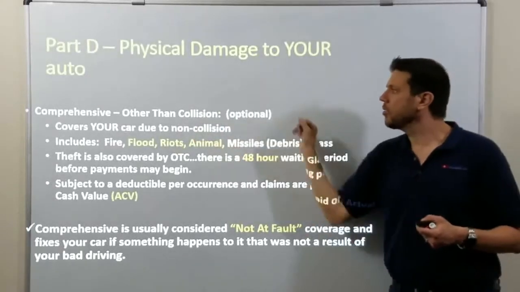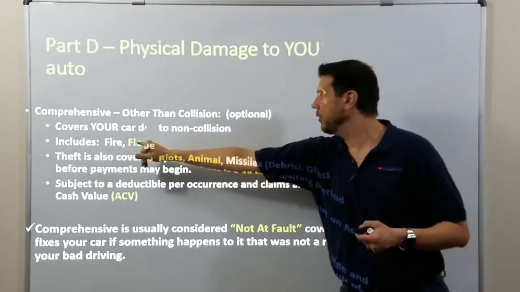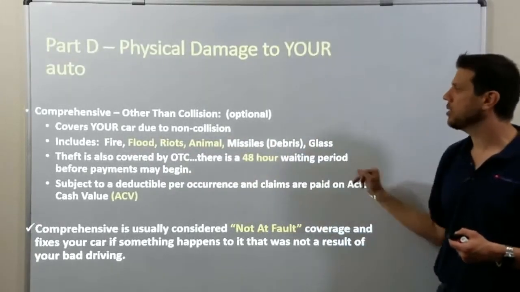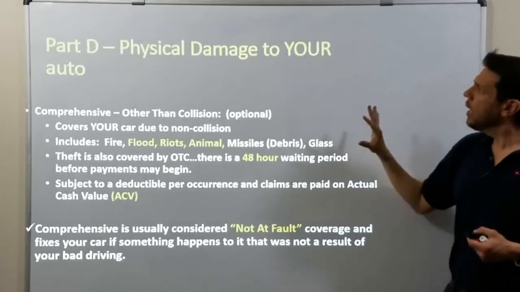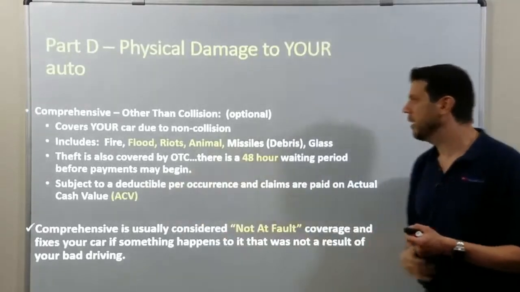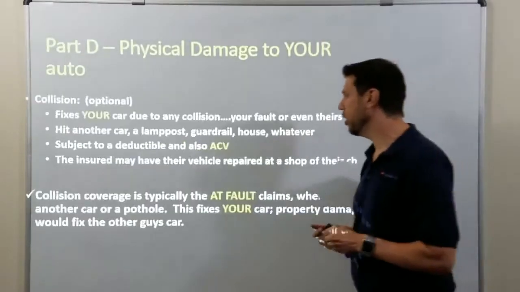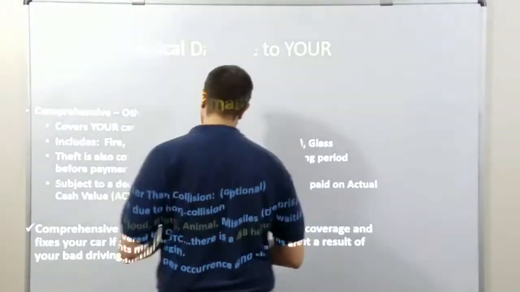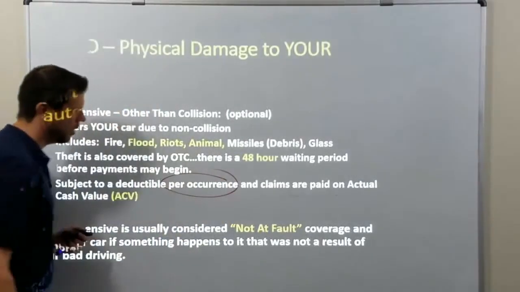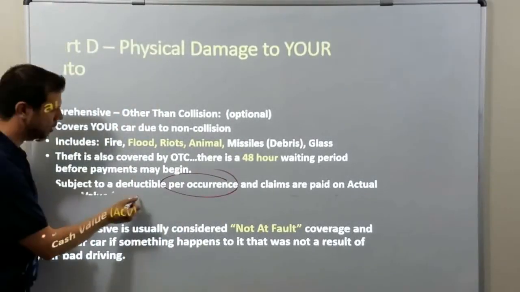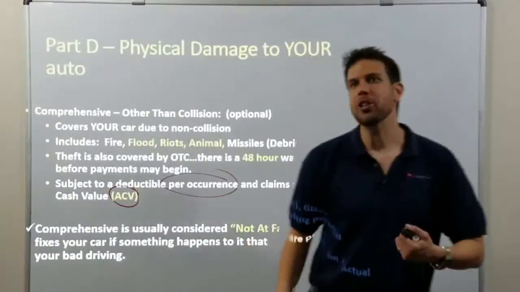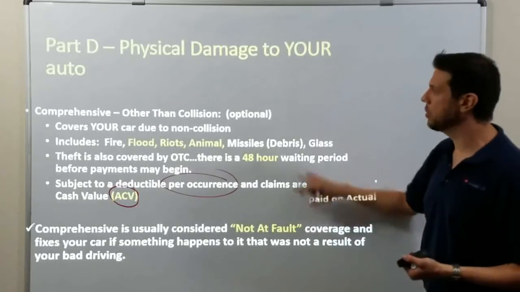Comprehensive, also known as other than collision, fixes your car if it's not your fault. If your car gets stolen, you have to give the cops 48 hours to find your car. Comprehensive and collision have deductibles, and deductibles are met per occurrence. We talked a little bit about that earlier in a previous chapter, but deductibles are met per occurrence, and auto insurance uses actual cash value, meaning that depreciation is factored into the actual price.